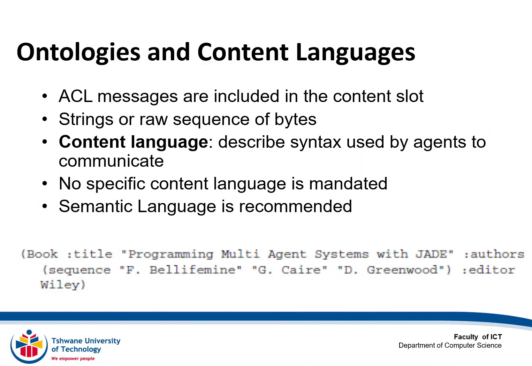Okay, ontologies. So ACL messages are included in the content slot, and what you would be dealing with are typically normal strings of information or a raw sequence of bytes. The content language all it does is describe the syntax used by agents to communicate.